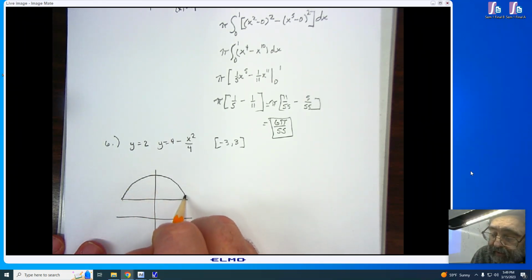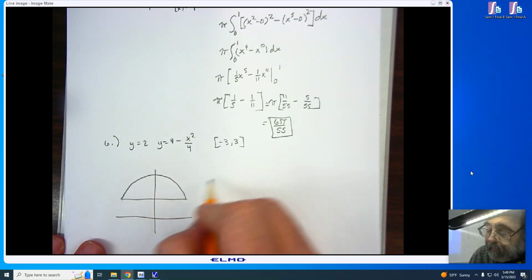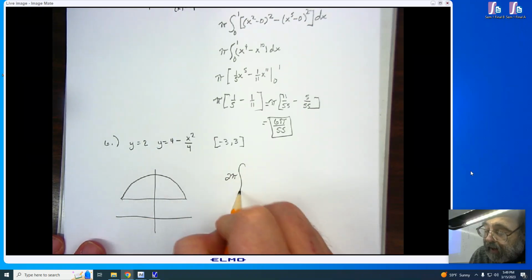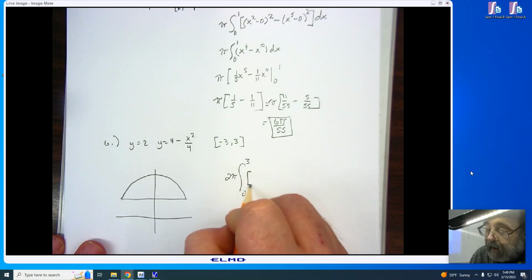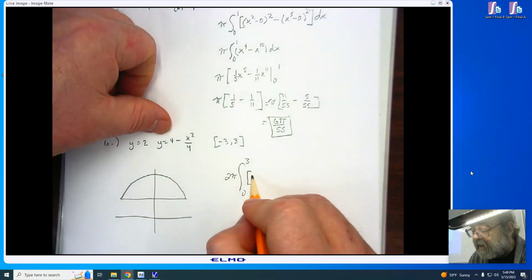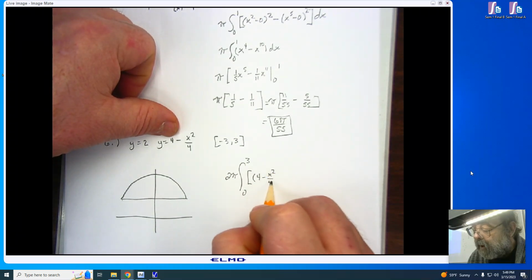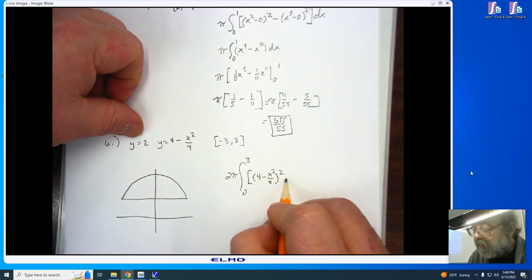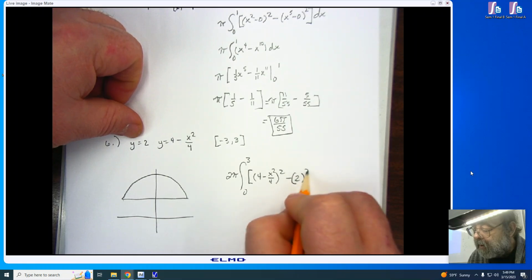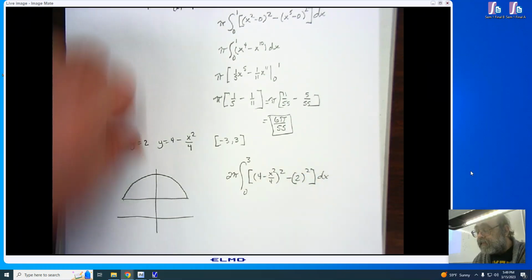There's my symmetry. So I'm going to use 2 pi integrated from 0 to 3. I can clearly see that the quadratic is my upper. So 4 minus x squared over 4, the quantity squared, minus 2, the quantity squared, dx.